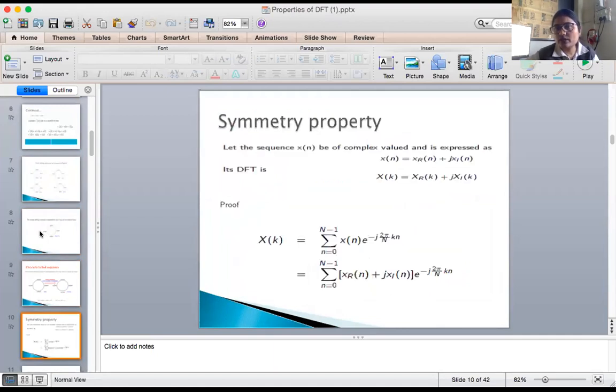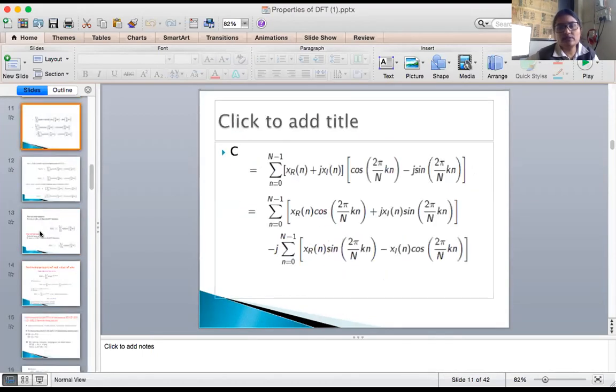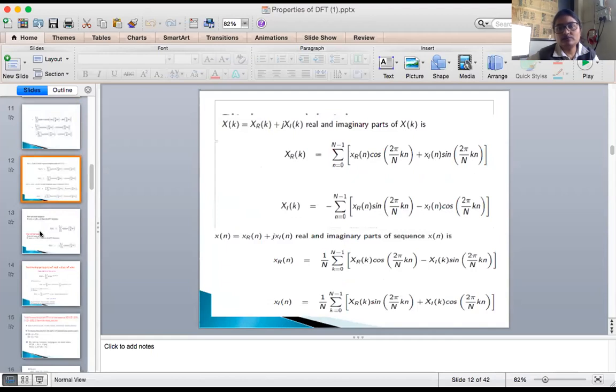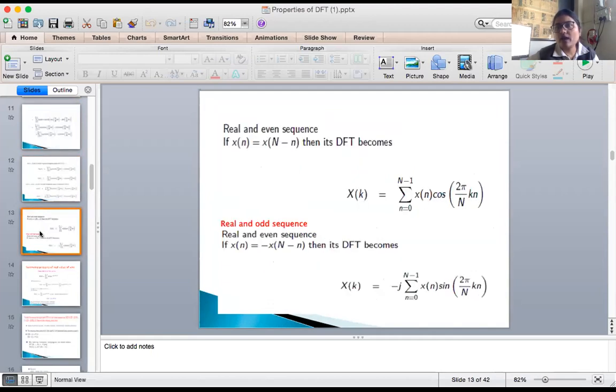Then the symmetry property of DFT. Here we have taken different cases. If the sequence is real and even, its corresponding DFT is also real and even. The second case we have considered is that if the sequence is real and odd, in that case, the corresponding DFT which we have obtained is imaginary and odd.